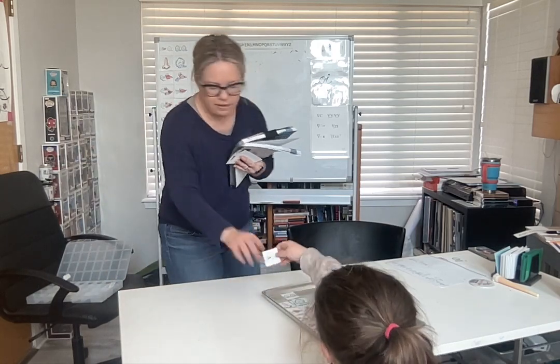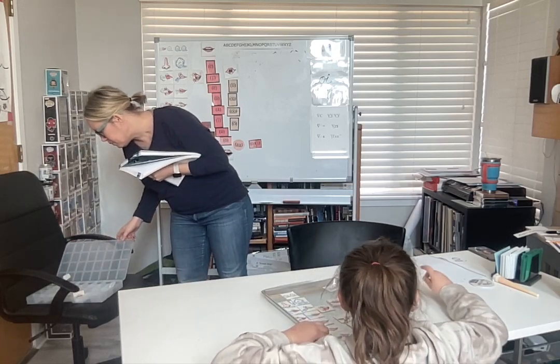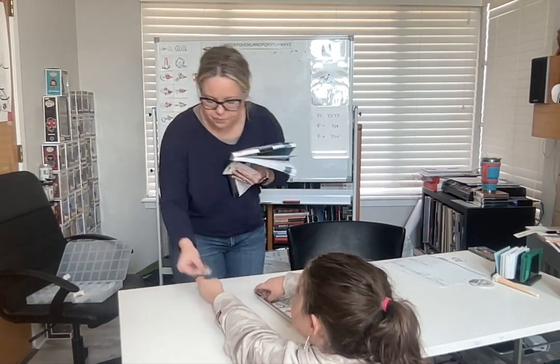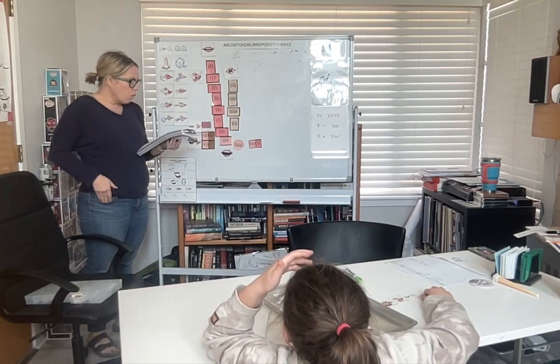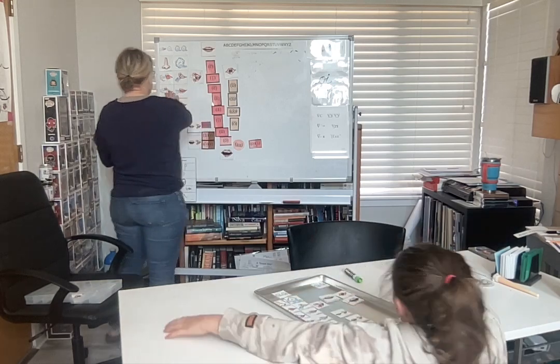It's okay, we'll just have to make it work. I don't know where it's at right now. Oh, here we go. Thank you. It must have fallen in my bag. Ready? Oi, ul, k.